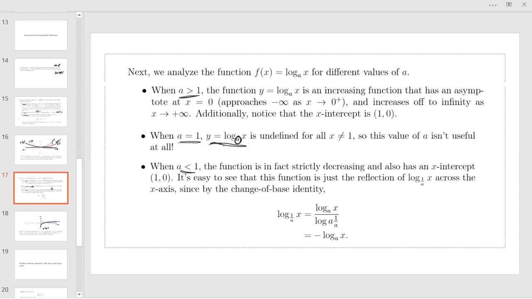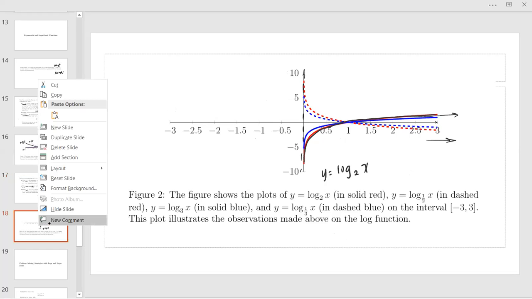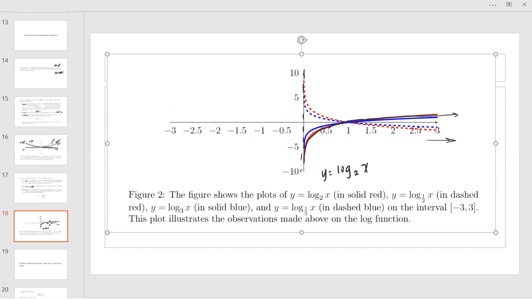Finally, when a is less than 1, the function is in fact strictly decreasing and also has an intercept at (1, 0). We can look at the dashed red function.